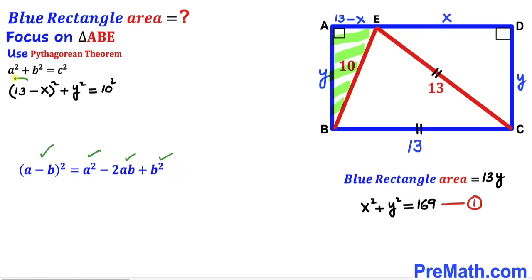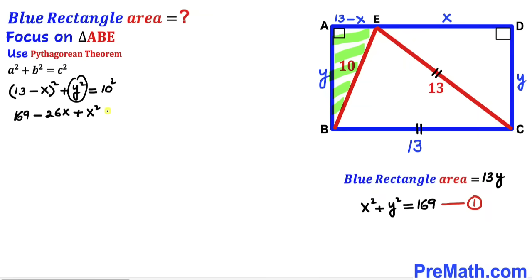We are going to apply this identity on this binomial on the left hand side of the equation. So this can be written as 169 minus 26x plus x squared, plus y squared equals 10 squared, which is 100 on the right hand side.